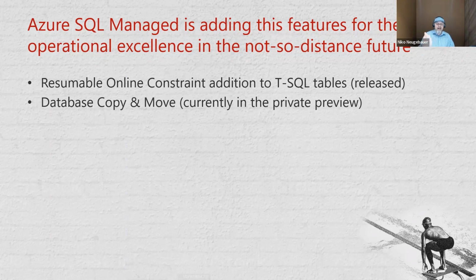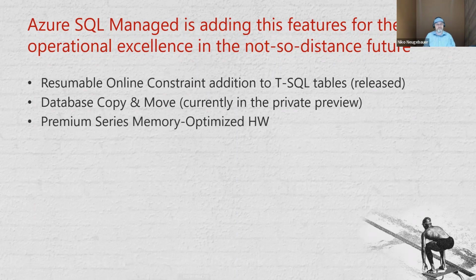We already announced publicly that we are running a private preview of database copy and move operation. So a customer can take a database from one managed instance and copy or move it to a different one. Stay tuned for the upcoming announcements.